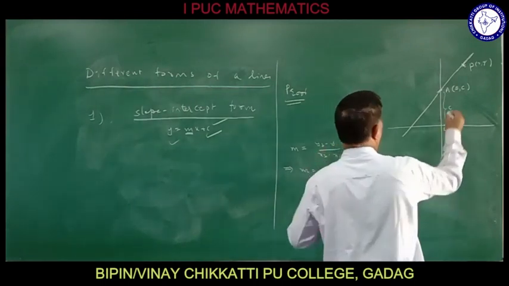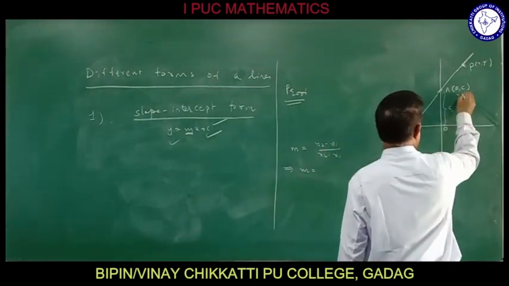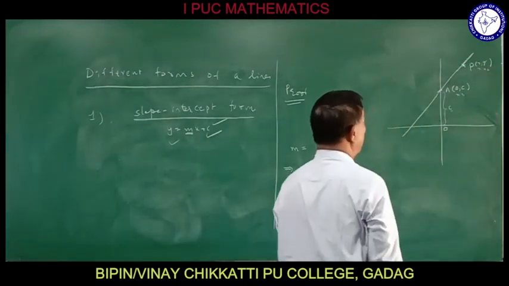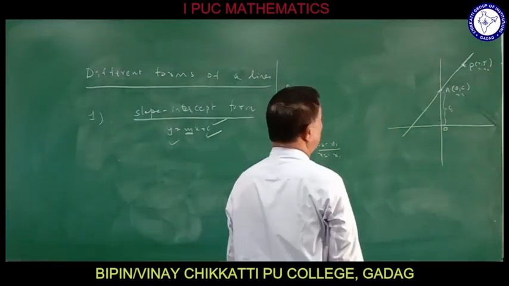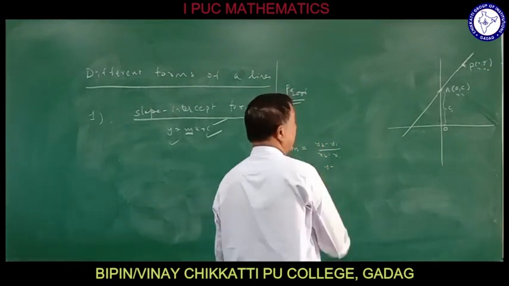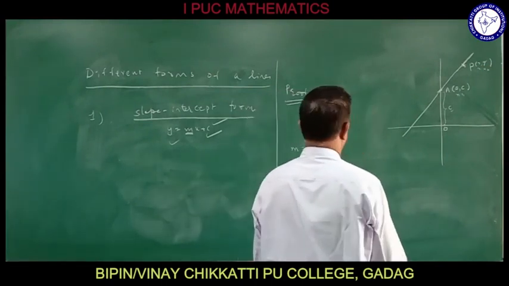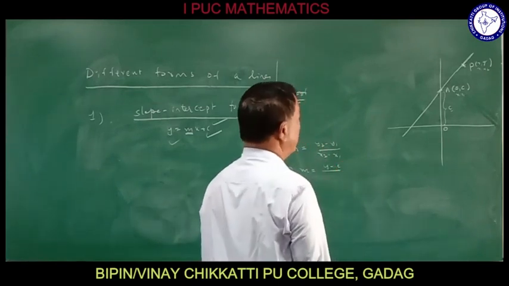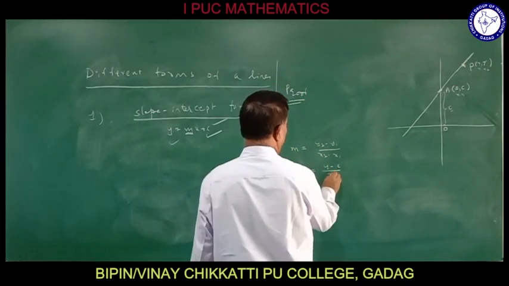So if the line is passing through the two points x1 y1 and x2 y2, what says the formula for the slope of that line? y2 minus y1 divided by x2 minus x1. That means here I have y minus c divided by x minus 0.